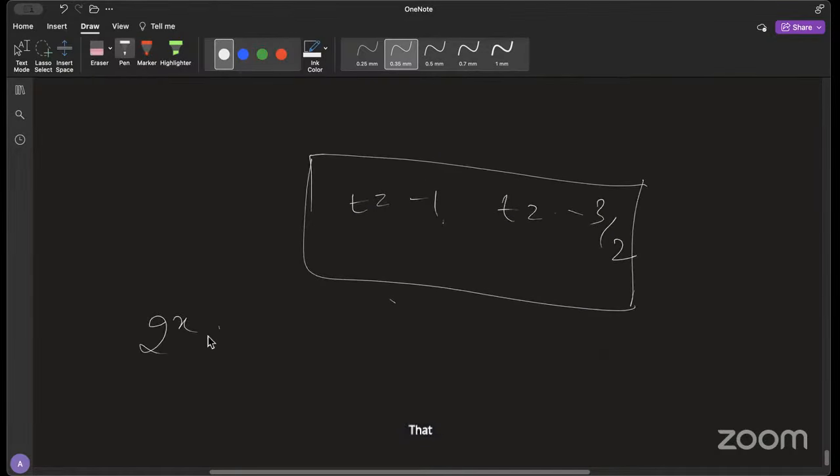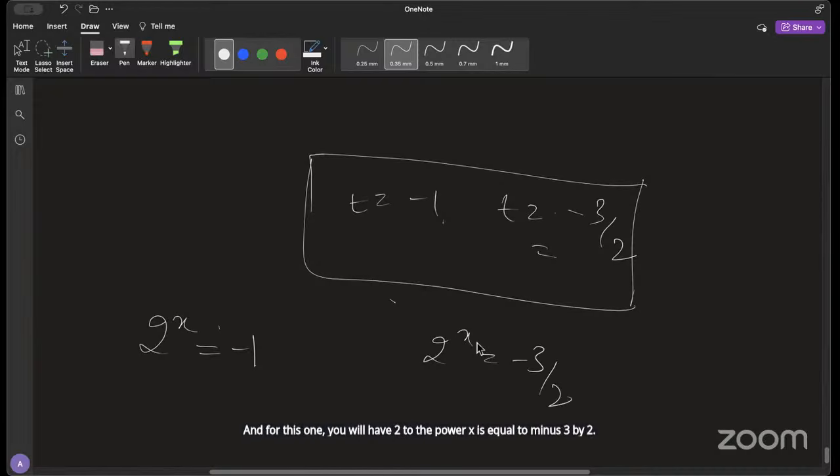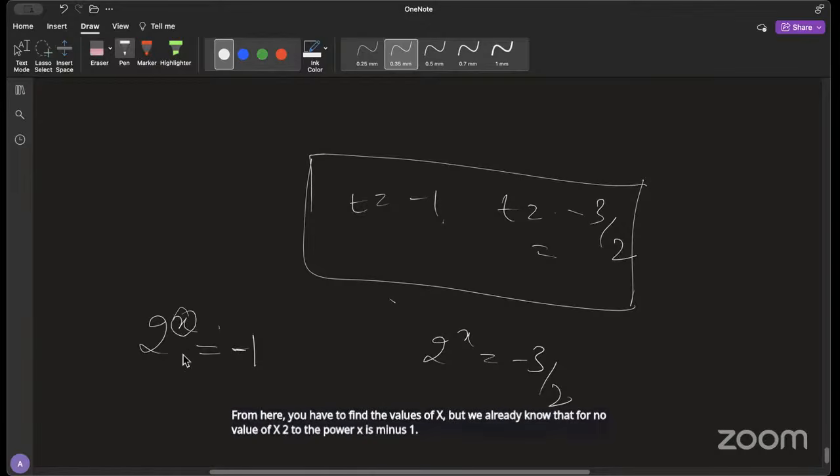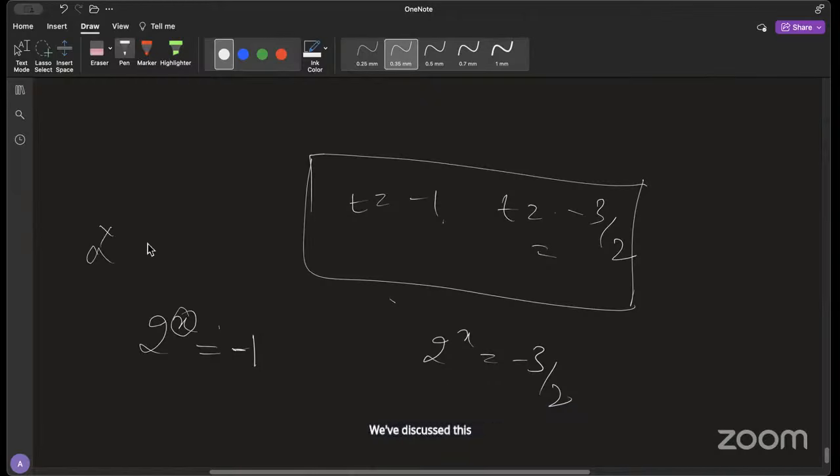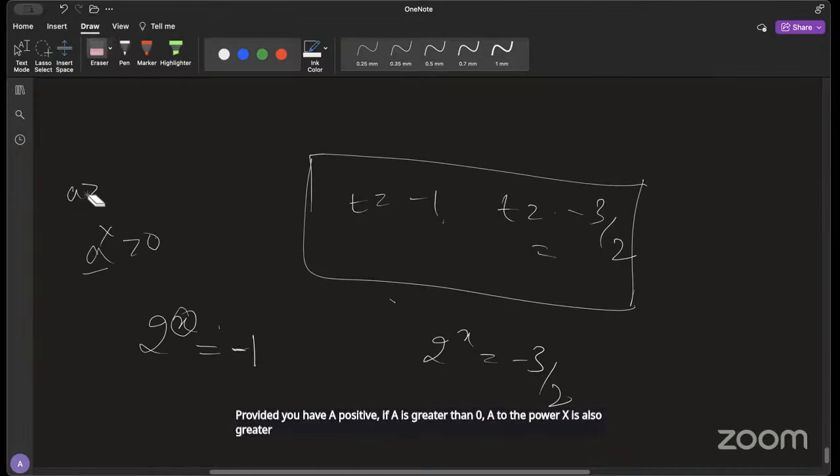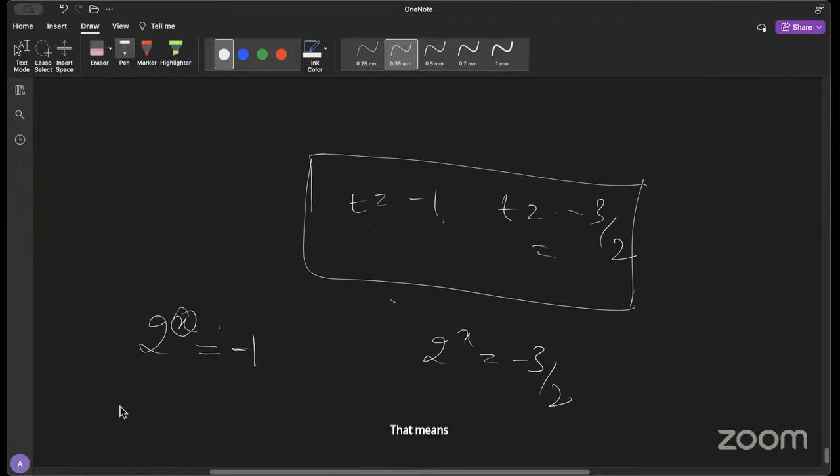That means 2 to the power x is minus 1. And for this one, you will have 2 to the power x is equals to minus 3 by 2. From here, you have to find the values of x. But we already know that for no value of x, 2 to the power x is minus 1. We've discussed this, right? A to the power x is never negative. Provided a is greater than 0, a to the power x is also greater than 0. That means this is never possible. And this is also never possible.